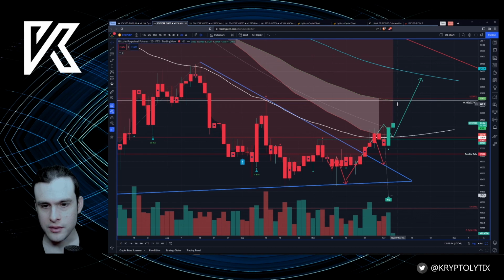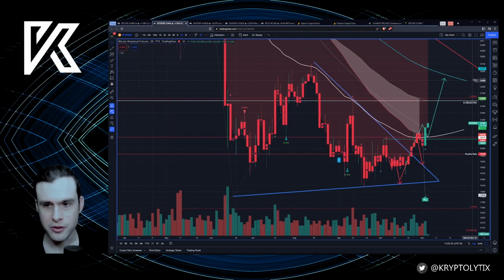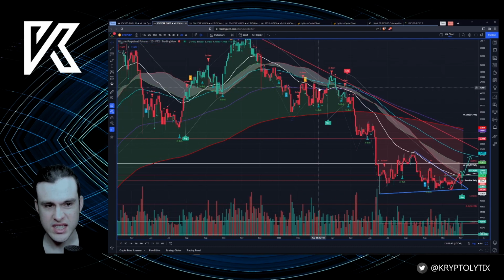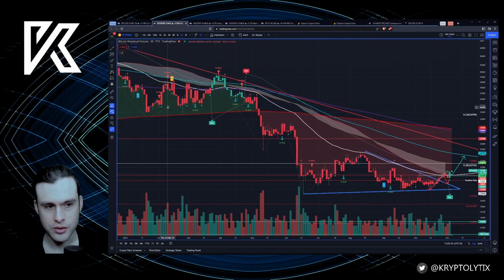So the main levels that I'm looking at: the top of the bull market support band could act as resistance. This Fibonacci here is a trend extension Fibonacci measured from up above, up here. It's measured from an ABC corrective pattern, a Fib extension level.